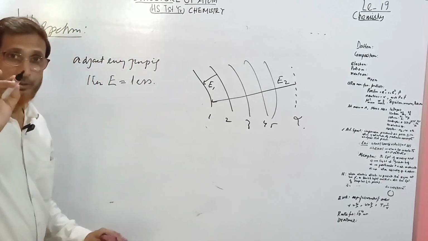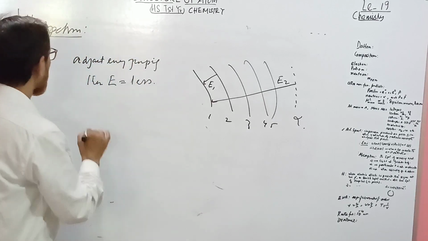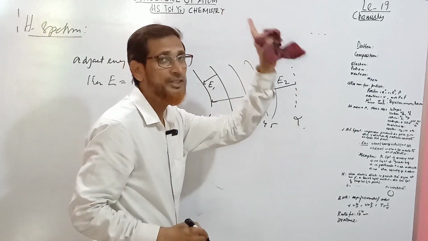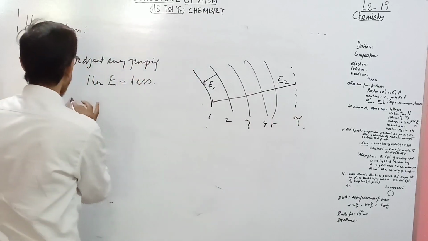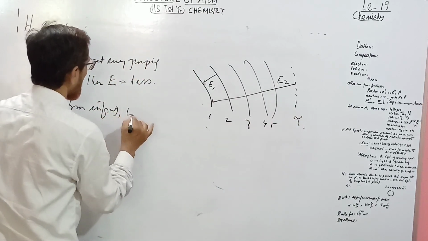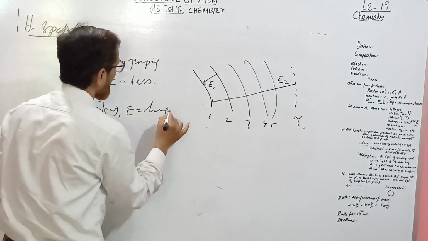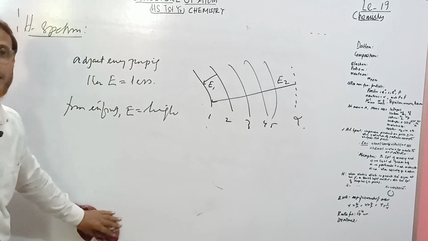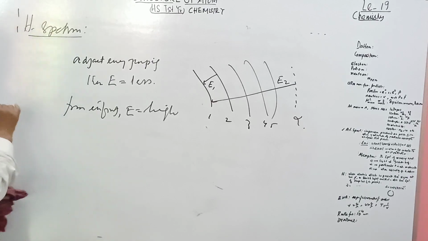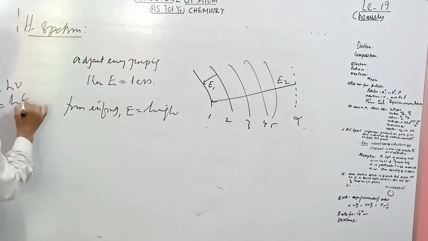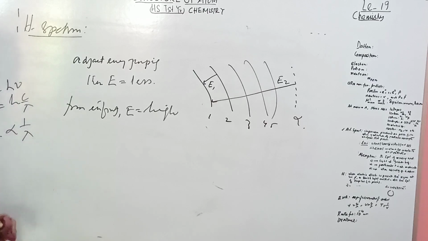And this is a very peculiar question, very often asked in the entrance. If the electron jumps from infinity, the energy is high. Now the question occurs, how is the wavelength lambda related? We know E is equal to h nu equal to hc by lambda, that is, E is inversely proportional to lambda.